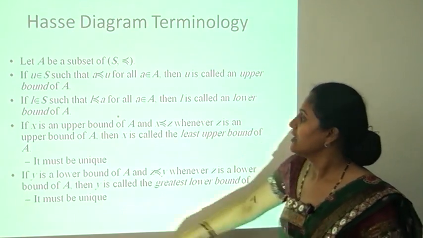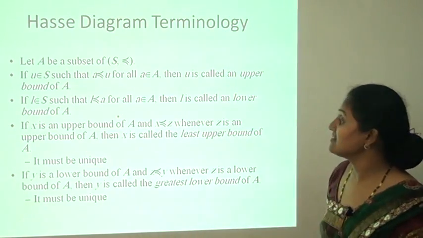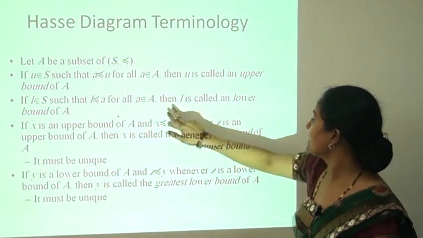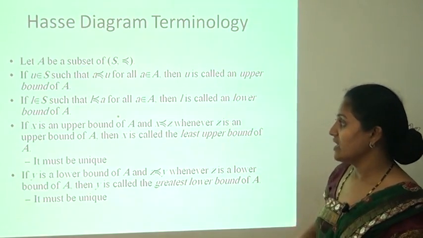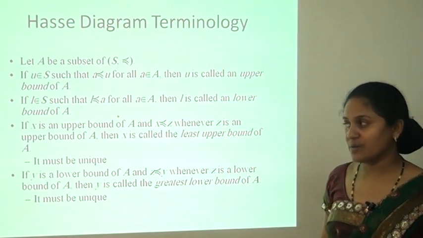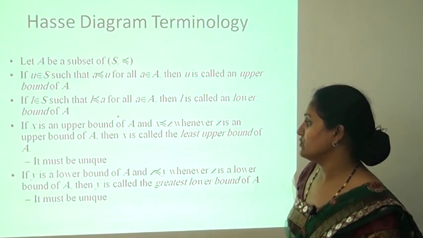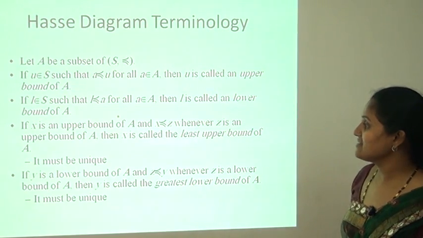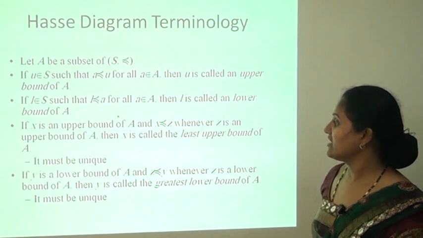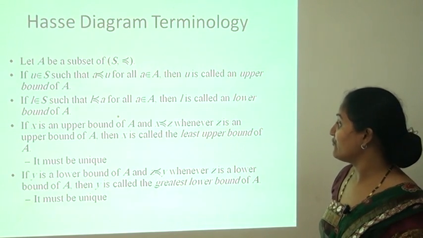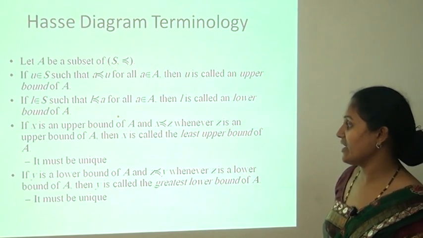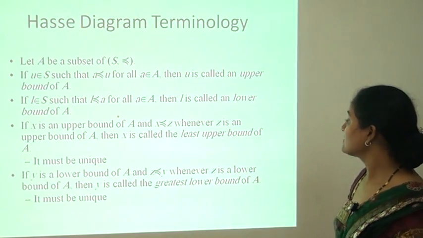And if l belongs to S such that l is less than or equal to a for all a belonging to A, then l is called a lower bound of A. Here we have an upper bound at the upper side, a lower bound at the lower side. If x is an upper bound of A and x is less than or equal to z, whenever z is an upper bound of A, then x is called the least upper bound.